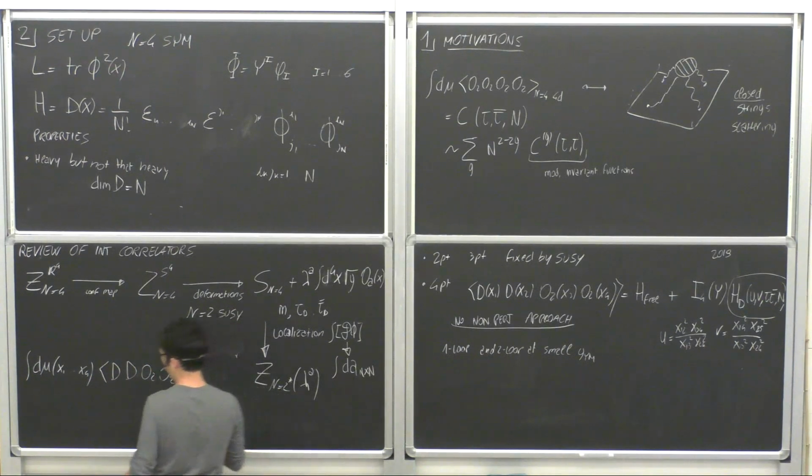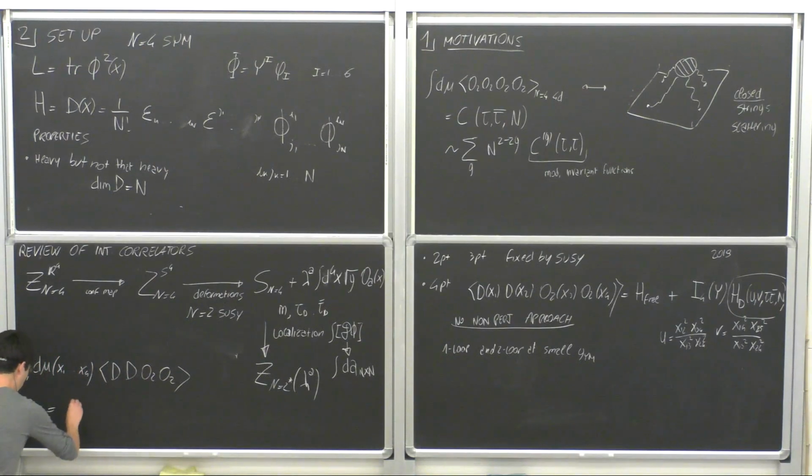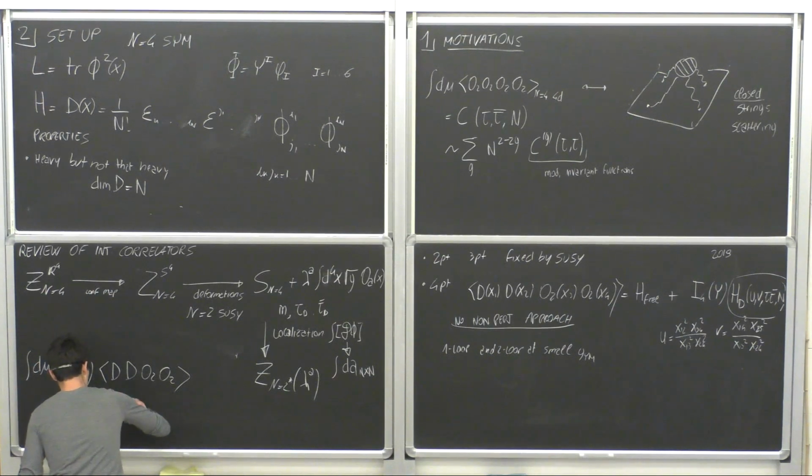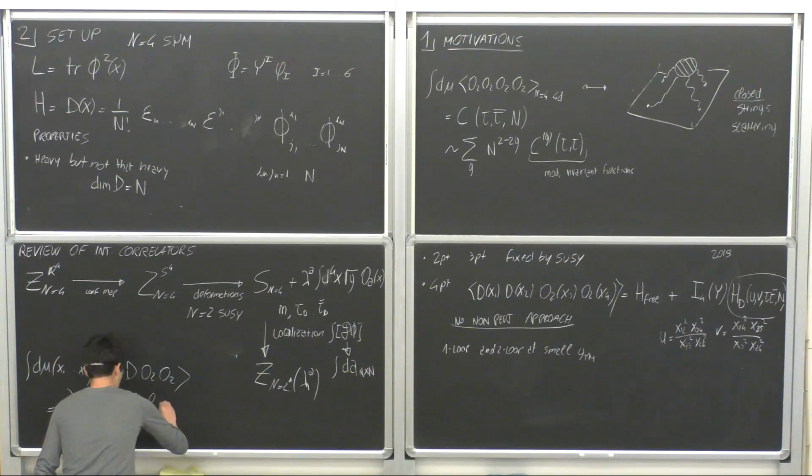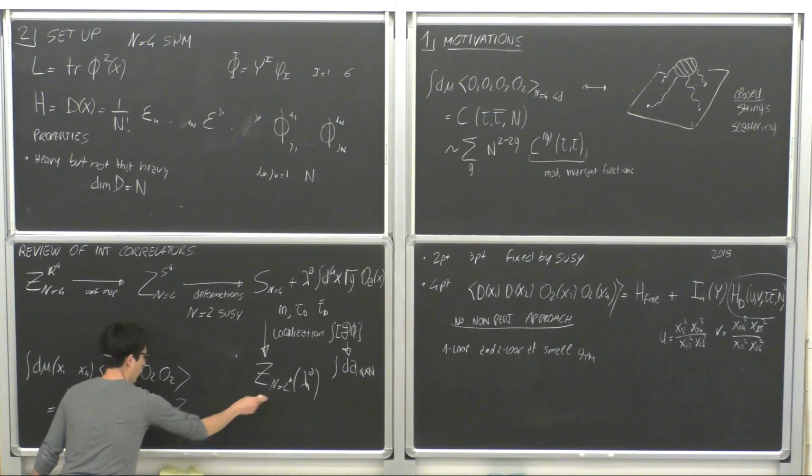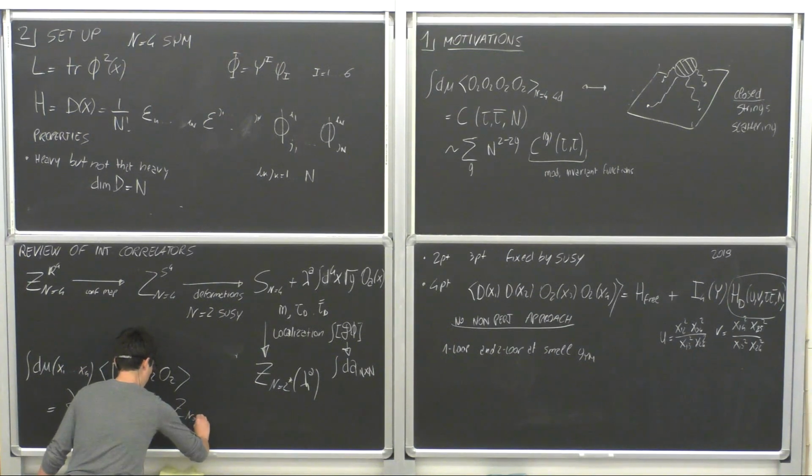Because this is then equal to the double derivative with respect to tau_D and tau-bar_D, and the mass, of the log of this partition function.